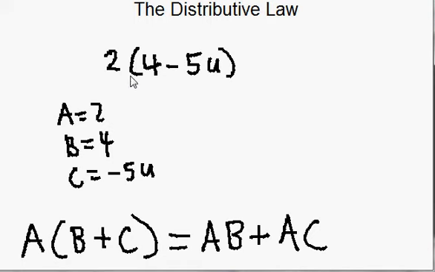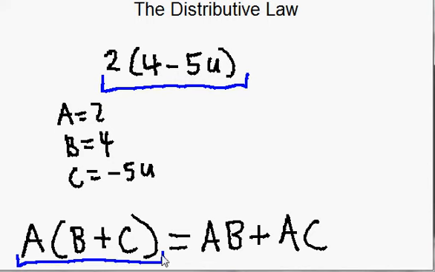Right, so this expression here matches this one here, as long as a is 2, b is 4, and c is negative 5u. So if I apply the distributive law, I just get that that is equal to a times b, which is 2 times 4, plus a times c, which is 2 times negative 5u.